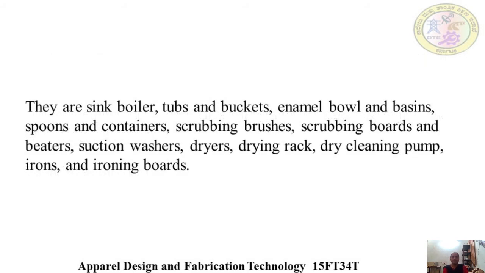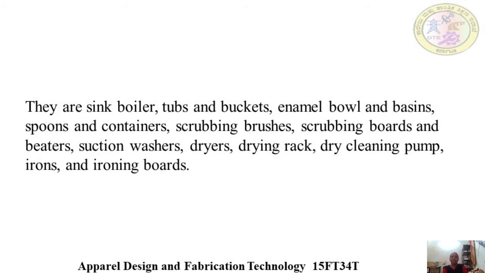They are the sink, boiler, tubs and buckets, enamel bowls, basins, spoons and containers, scrubbing brushes, scrubbing boards and beaters, suction washers, dryers, drying racks for drying purposes, dry cleaning pump, irons and the ironing board. From the sink to the scrubbing board, beaters and suction washers, they are laundry equipments.